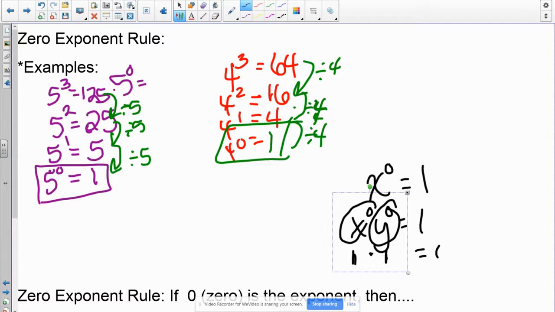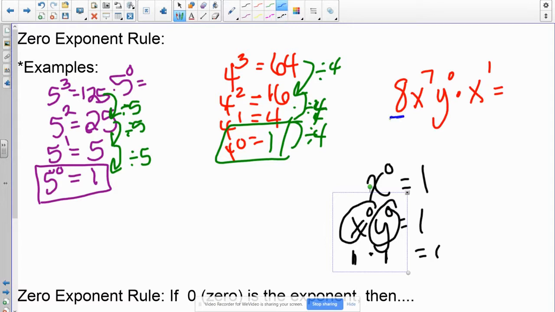So let's look at one more example. Let's go 8 x to the 7th power, y to the 0 power, times x to the 1st power. This goes back into the multiplication product rule, and we're just going to multiply.